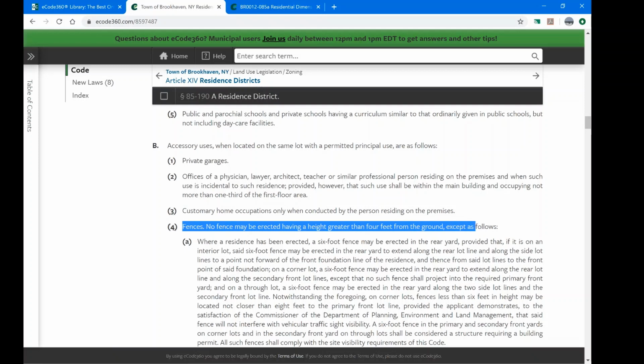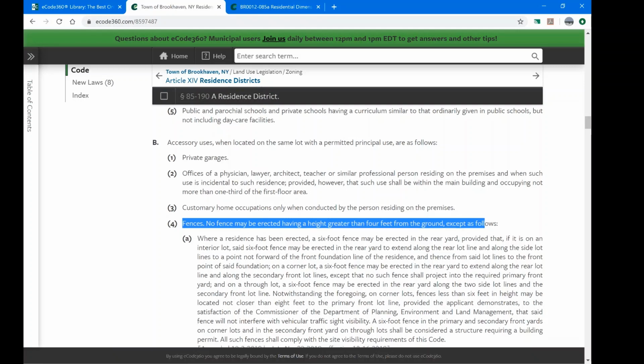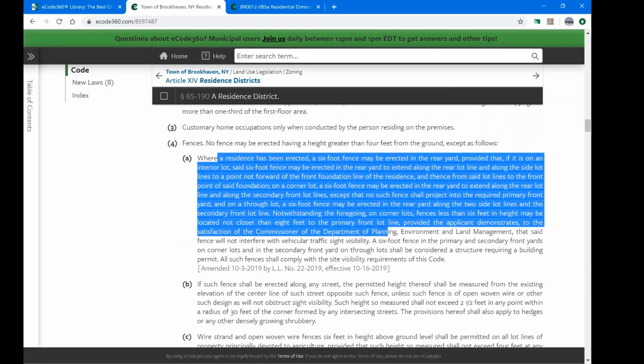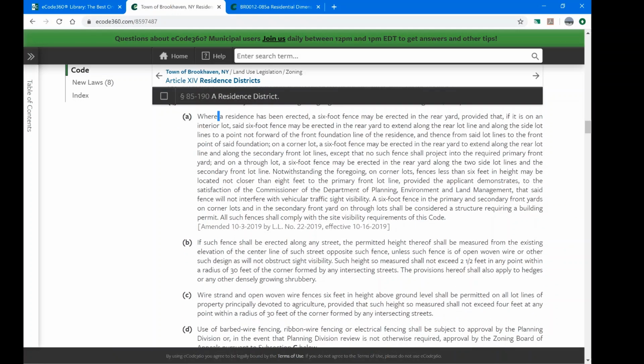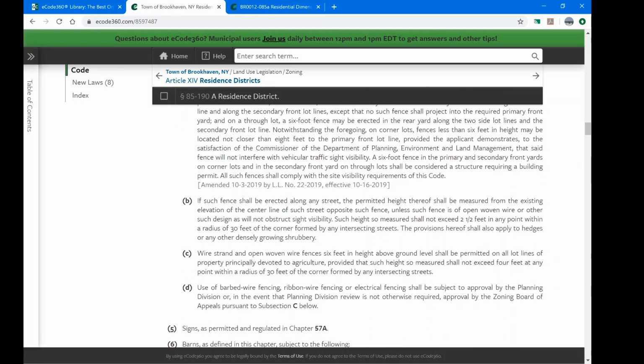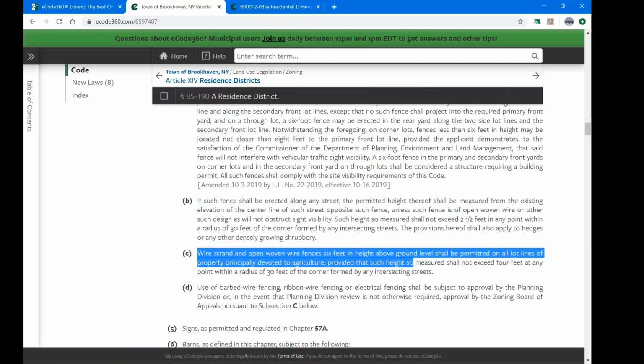Fencing. Okay, fencing's pretty interesting. No fences can have a height greater than 4 feet from the ground, except in this whole area. Basically what this says is you can put a 6-foot fence on the rear yard, but that's it. Everything else must be 4 foot in height. Other key things just to note in here, and you're going to have to read some of this on your own as you have time.